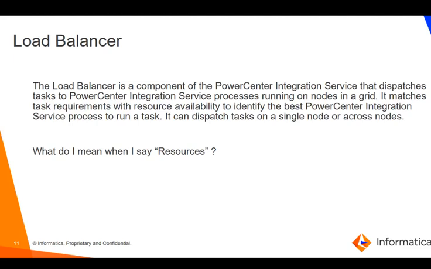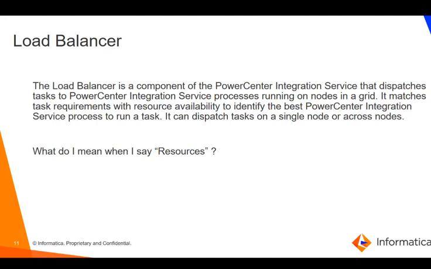Within an integration service running on a grid, there are multiple integration service processes, and when that integration service is given a task to run, it is the load balancer component which decides where that task should be dispatched, based on the resource availability on each of the nodes where the integration service is running and the requirement of the task at hand. I'll explain this more later, and when I run a particular session maybe this will get clearer.